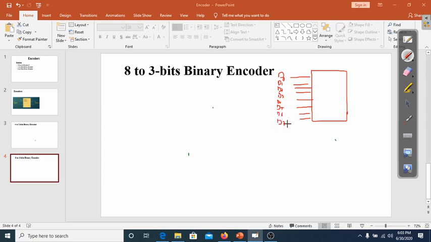So the corresponding outputs are x, y and z.